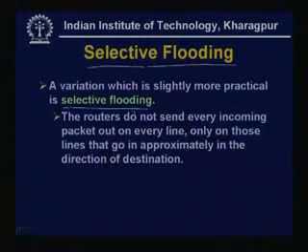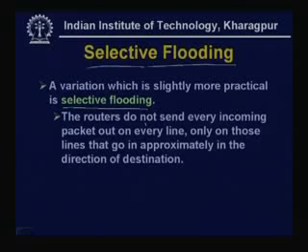Now, it may be forwarded in the opposite direction of the destination. That is being restricted in the selective flooding technique. There it is known in which direction the destination exists. Some weightage can be given for forwarding a packet in a particular direction.